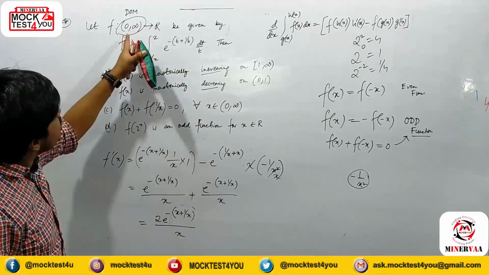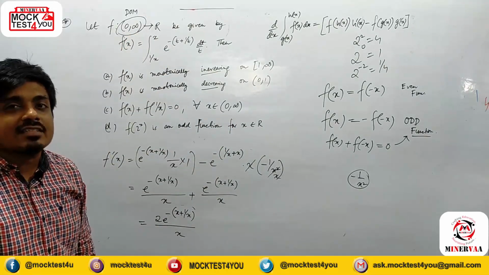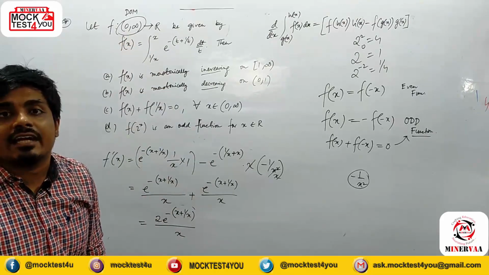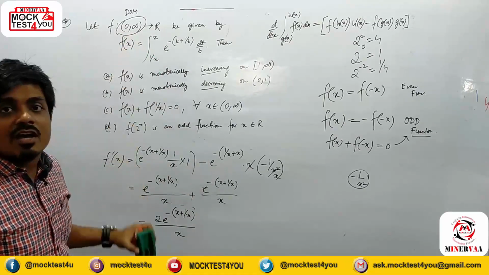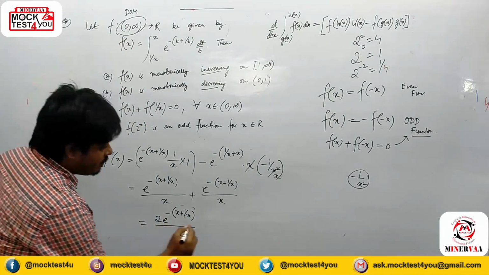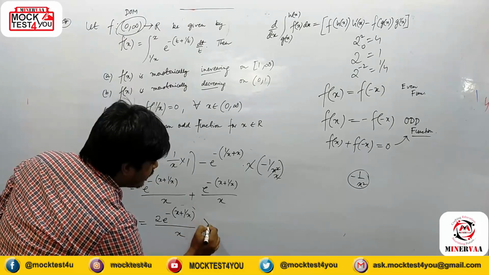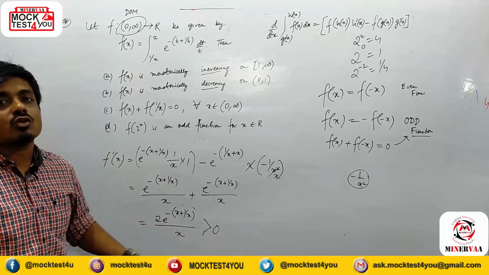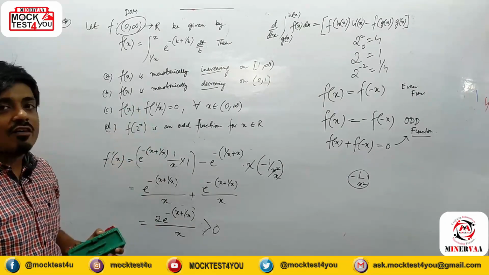Now if it lies within 0 to infinity, what does it signify? It signifies that x is never negative. x is always positive. So if this one is positive, this one is positive, this one is positive, the whole thing is greater than 0, right? Now if f dash x is greater than 0, what can we say? That it's an increasing function, right?